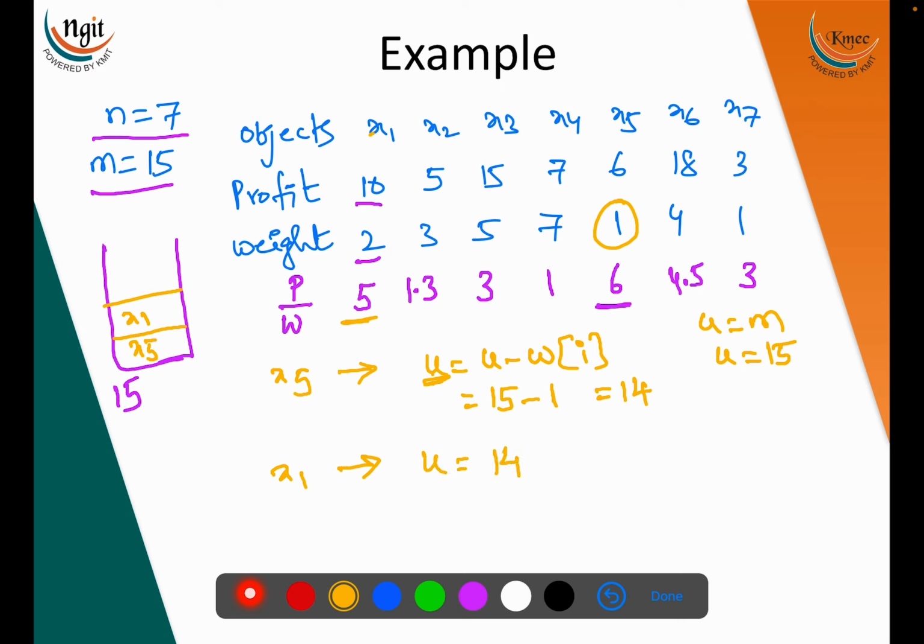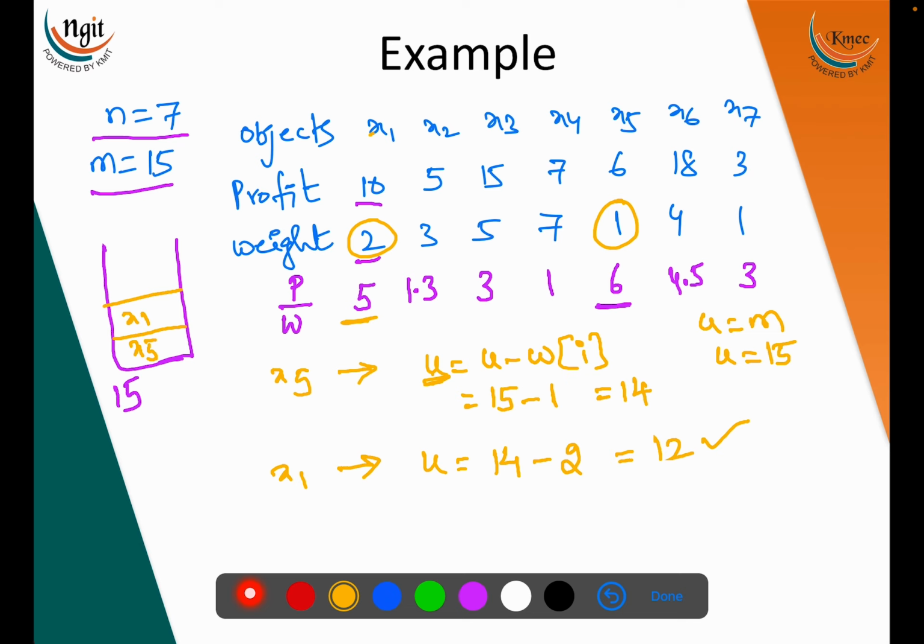U value is 14 minus Wi. X1 weight is 2. 14 minus 2 is equal to 12. Now X1 is also placed. After I place X1, the capacity of the bag is 12.